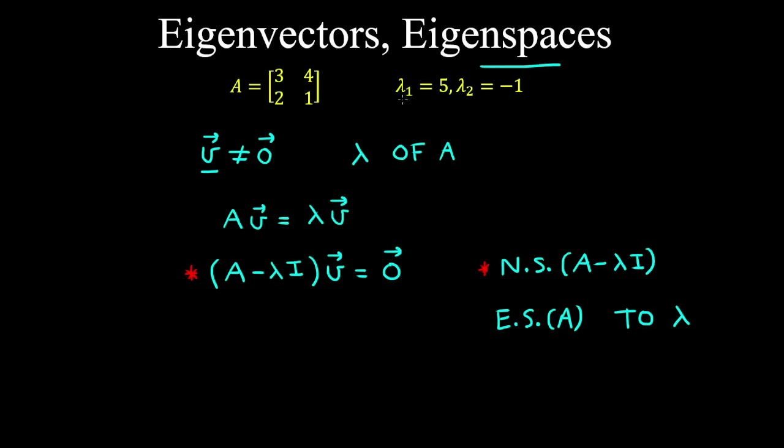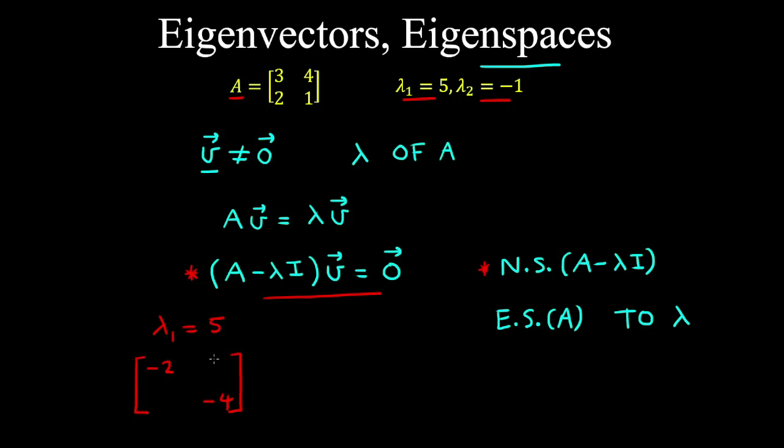So we previously calculated the eigenvalues of this matrix. So writing this equation corresponding to the first eigenvalue, we have the matrix A minus lambda I. So we subtract lambda from the entries on a diagonal. So 3 minus 5 is negative 2, and 1 minus 5 is negative 4.